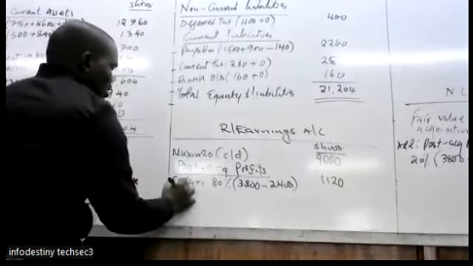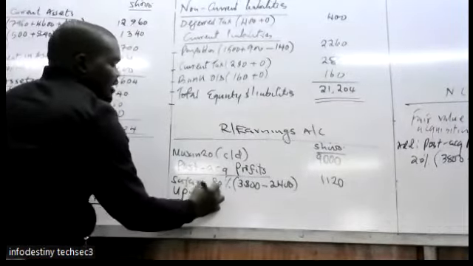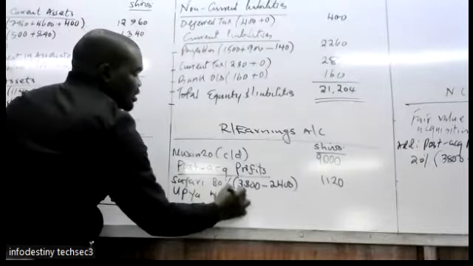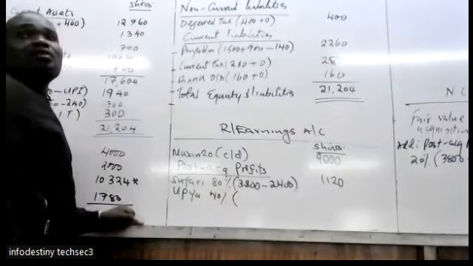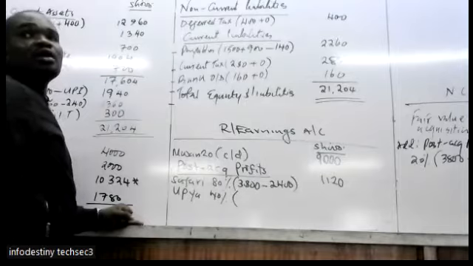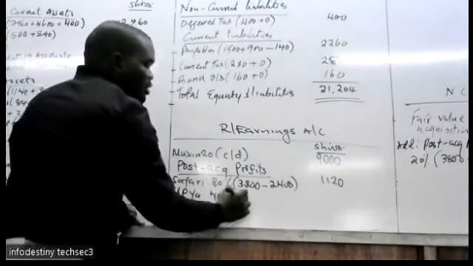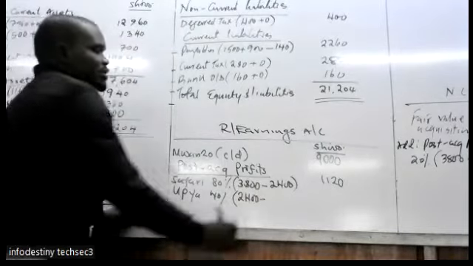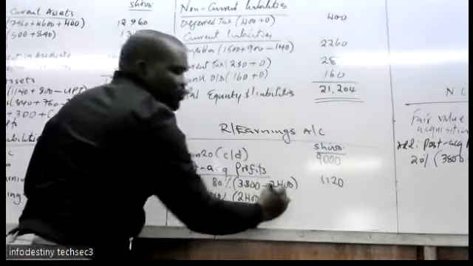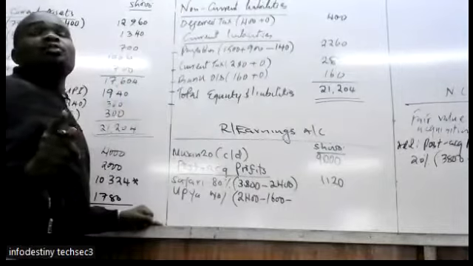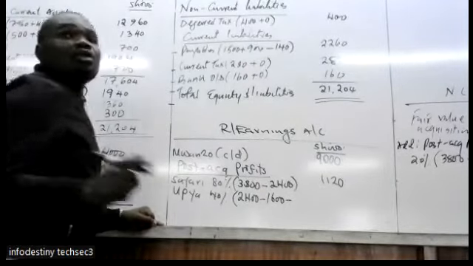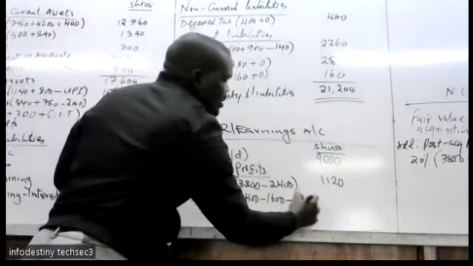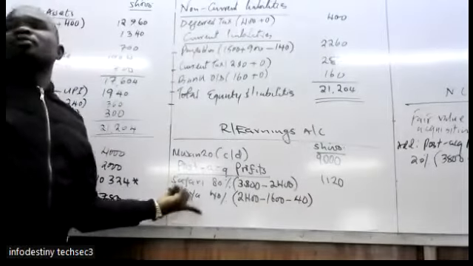Then for Upia the same. I'll take 40% into bracket. How much is the closing for Upia? 24. On acquisition, 16. Minus the UPI, the unrealized profit. It will reduce their profit. So the UPI was in Upia, you remember?